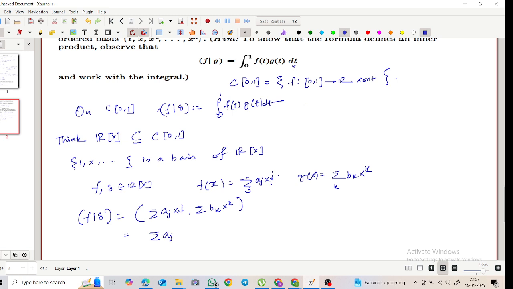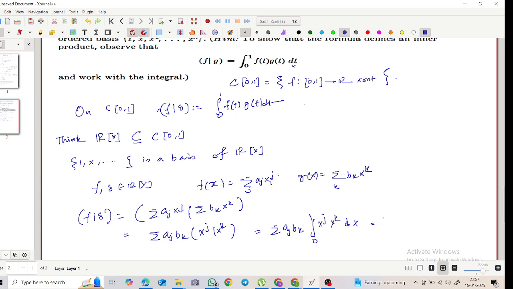This will of course be the sum of a_j b_k times the inner product of x to the power j with x to the power k, right? And what is it? a_j b_k times the integral from 0 to 1 of x^j x^k dx. This is x to the power j plus k.